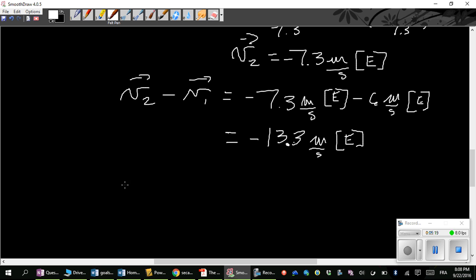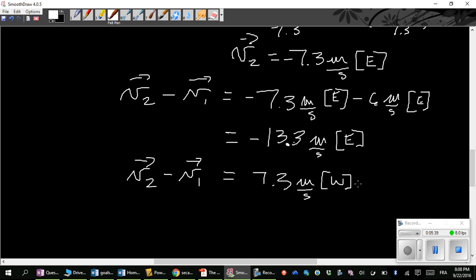So if I go with the same rationale, but now I'll change it as I write them. This is my v2, but now I'll convert it to west, so it comes back to positive. This is west. And then here, I'll end up with positive, because this one's going to change sign.